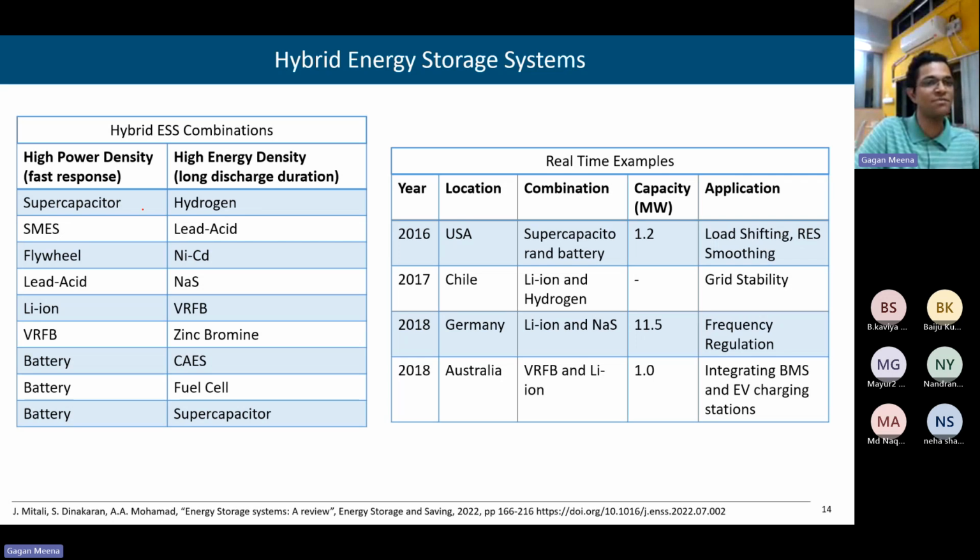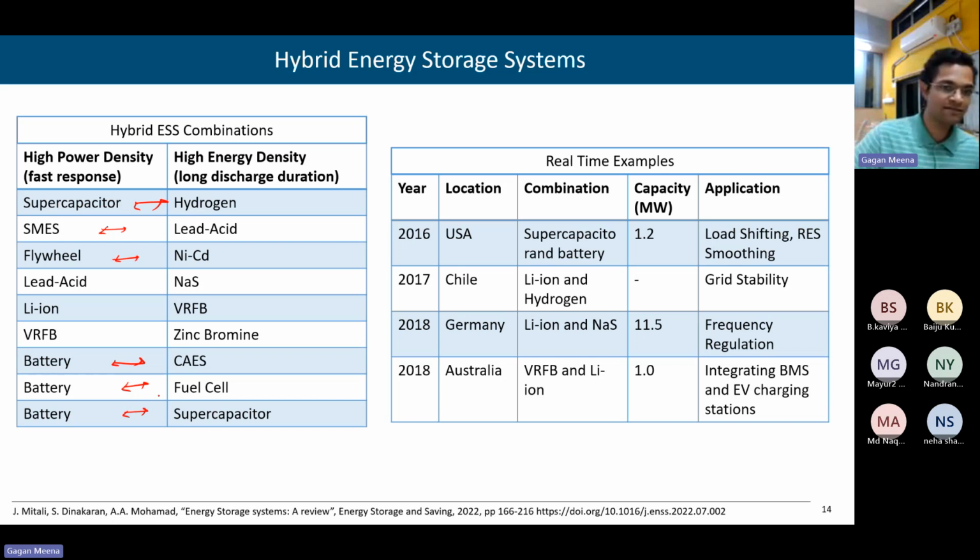So these are the possible combinations: supercapacitor plus hydrogen. These are technologies which have high power density, and these are relatively higher energy density with respect to this. The supercapacitor hydrogen combination, SMES lead acid flywheel. Then we saw battery and compressed air, battery and fuel cell, and battery and supercapacitor.